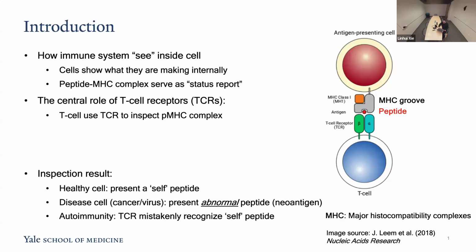If these cells return different signals, say a healthy cell shows normal proteins, then the T-cell receptor will give it a pass. But some diseased cells will display abnormal proteins, for example from cancer mutations or viral proteins, and these will get destroyed by the T cell, which initiates the adaptive immune response.